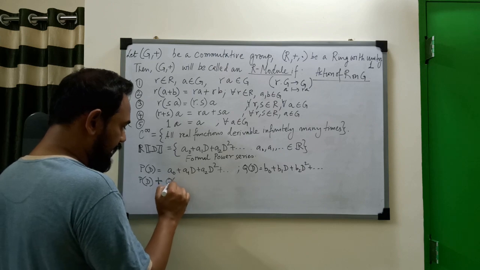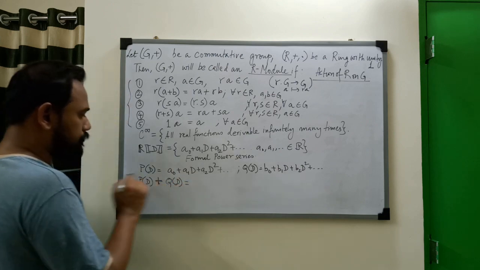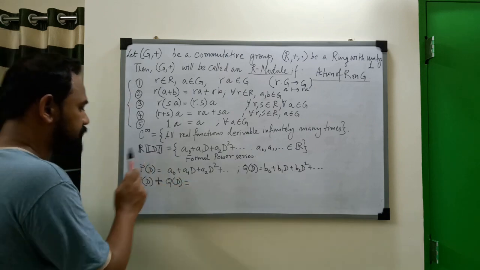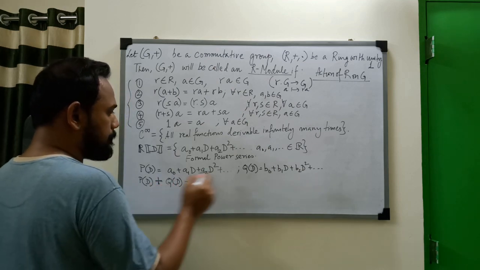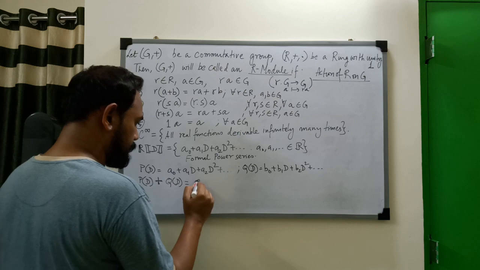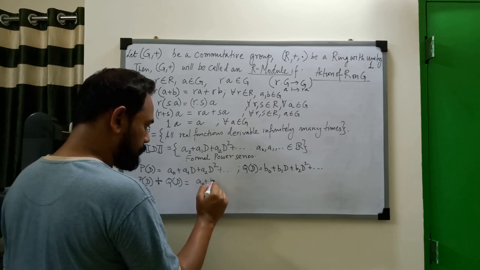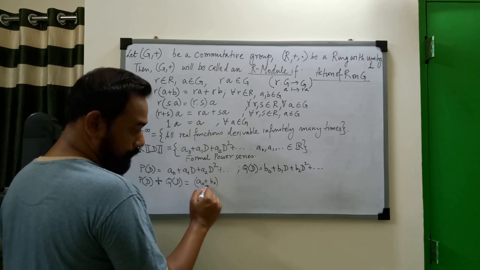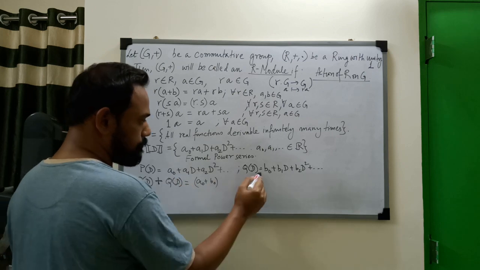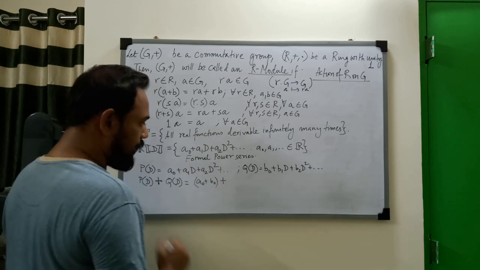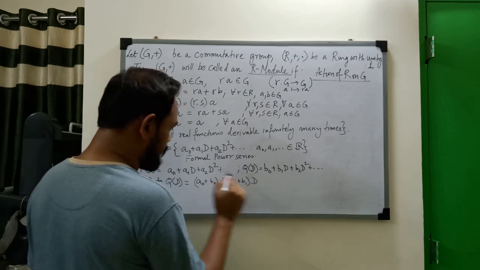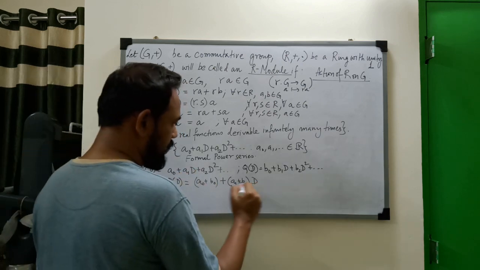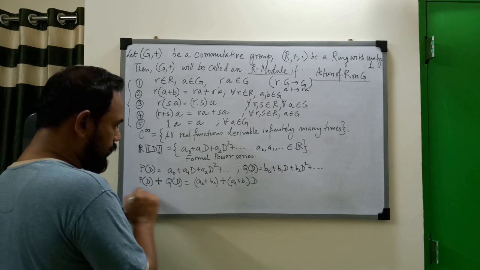If I take 2 elements of this set, I will define this addition by term-by-term addition. In other words, A0 plus B0, where this addition is a real number addition because A0 and B0 are real numbers, plus A1 and B1, the ones with D's, put together as the coefficient of this new element.